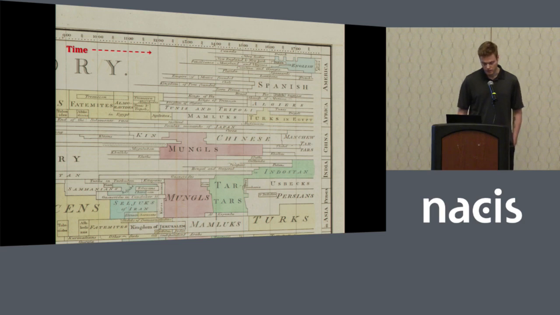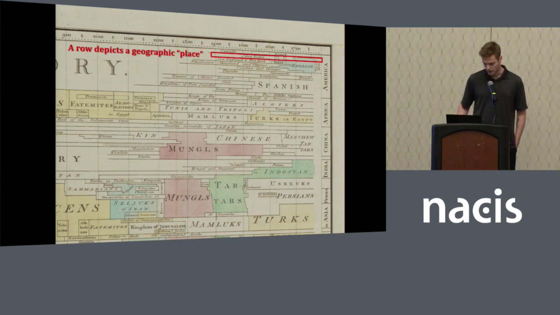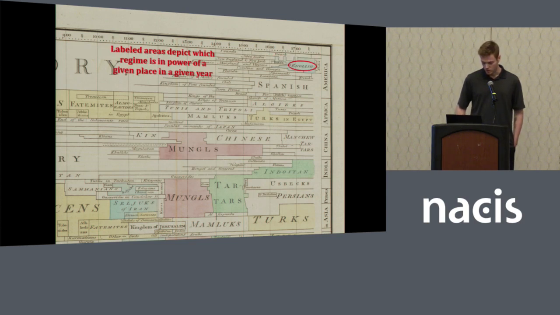recap of the timeline. The way I like to think about it is time runs along the top as the x-axis, and places are on the y-axis. There's 180 places, and they're divided into 20 different regions. The rest of the chart is made up of empires.